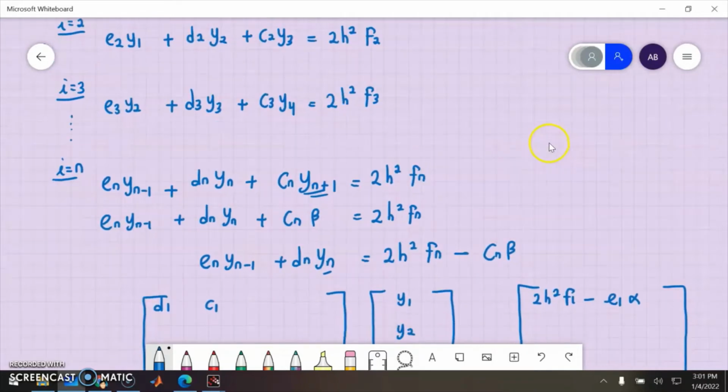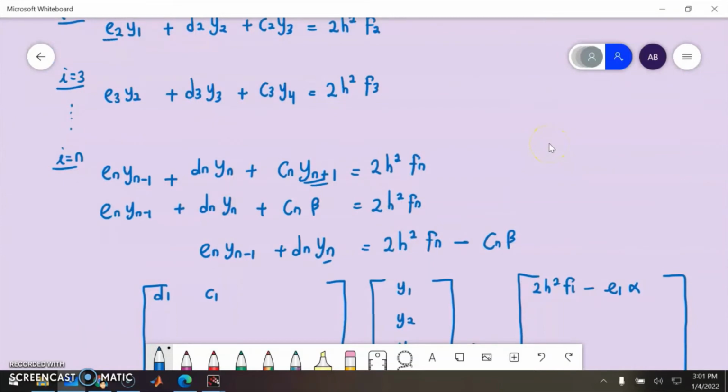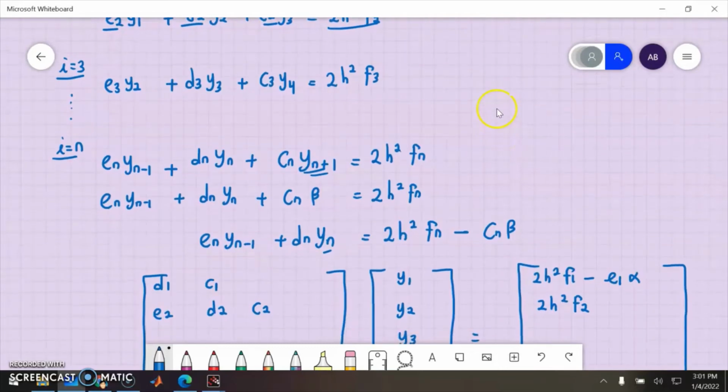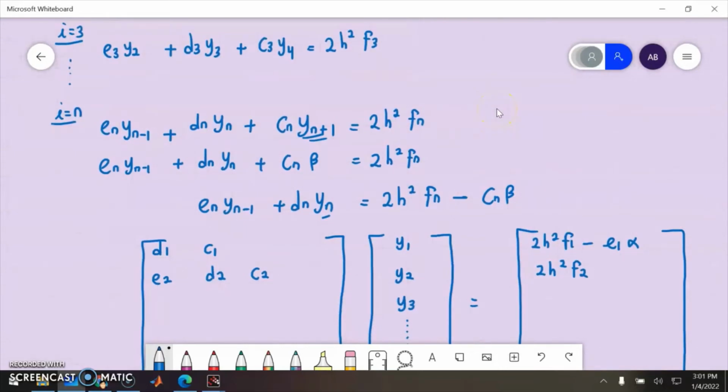Now for Y2, I have E2, D2, C2, and the right side is 2H squared F2. Now for I equals 3, there's no Y1. I have only E3 for Y2. So I have E3, D3, C3.